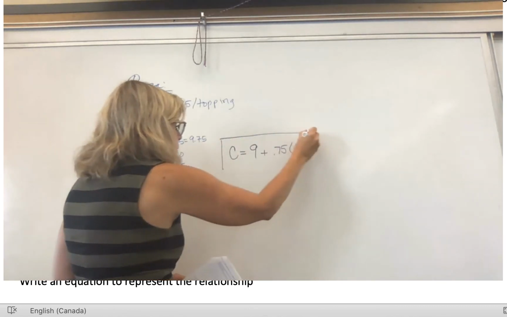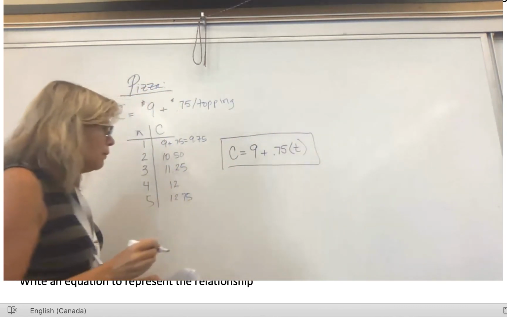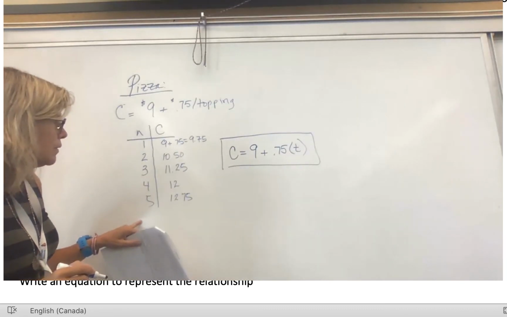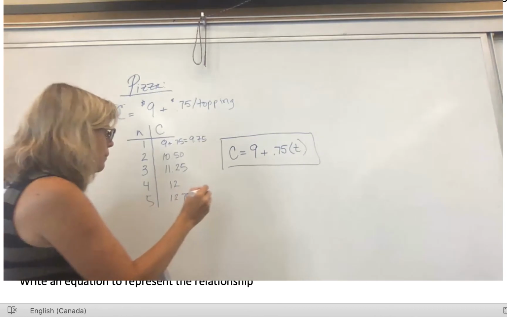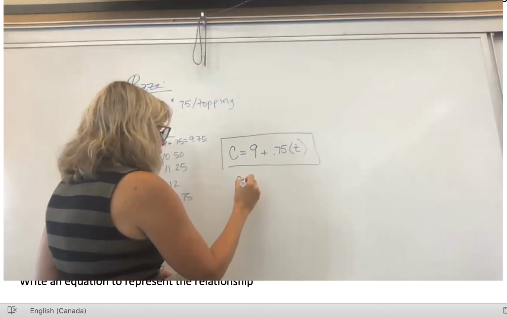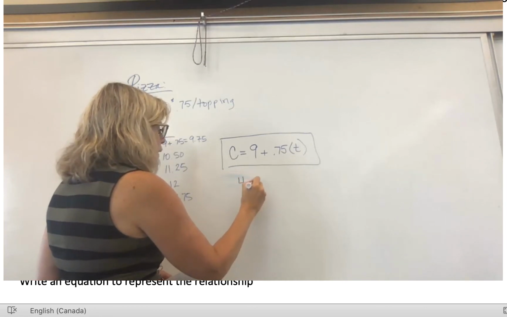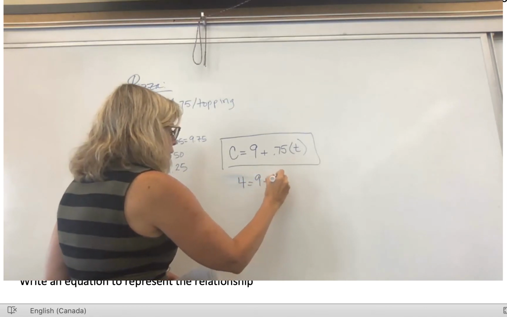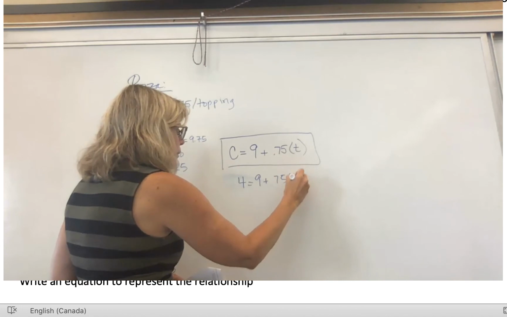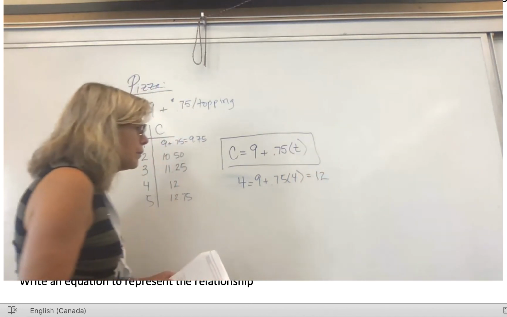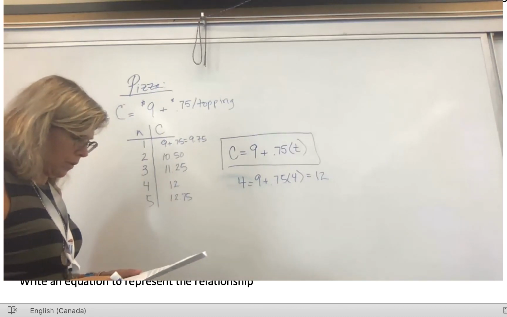That's your equation. And they said, well, verify that using this table of values. So I can say, all right, well, C equals, if I want 4 toppings, 9 plus 0.75 times 4, which equals 12. So I'd say we did a pretty good job there.